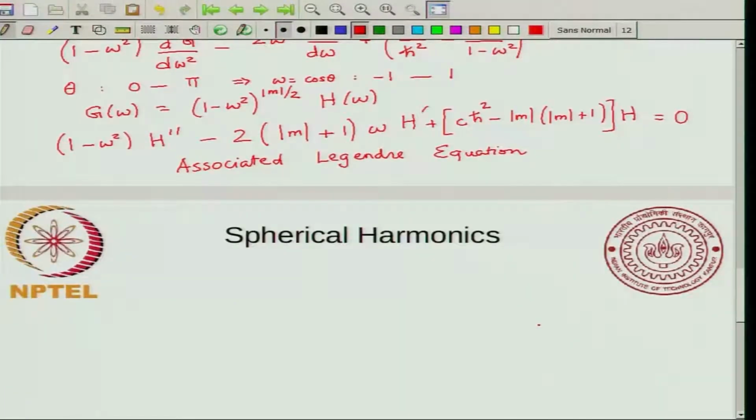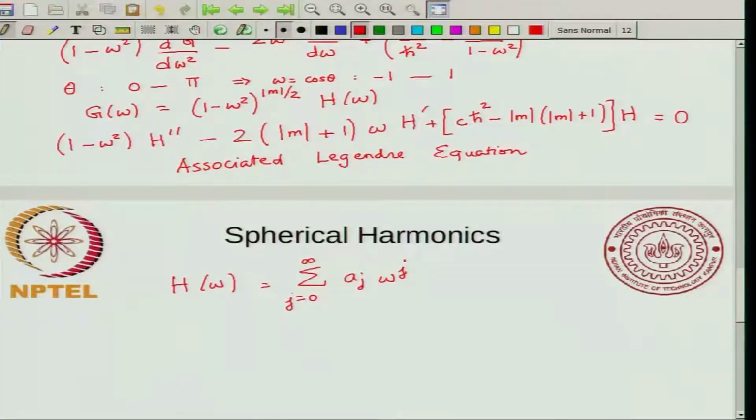So we are going to write h of w as a power series: the sum over j equal to 0 to infinity of a j w to the j. I have used the letter j, and this is what you do in the power series method.